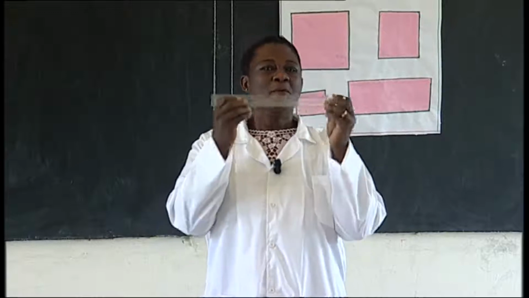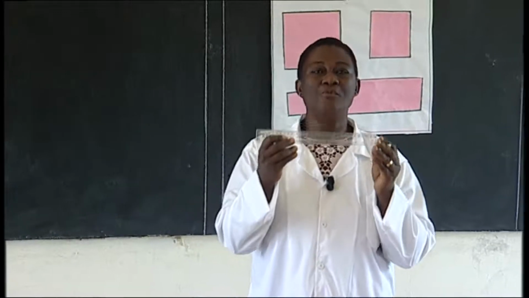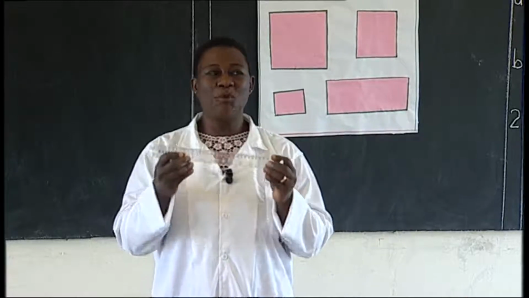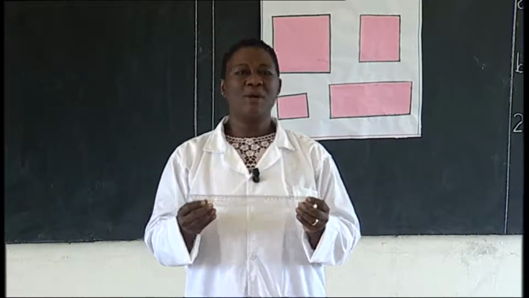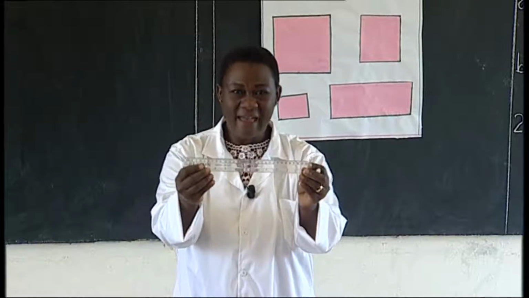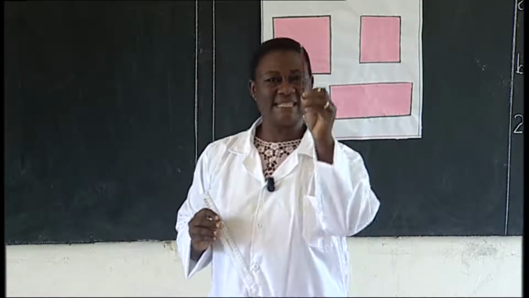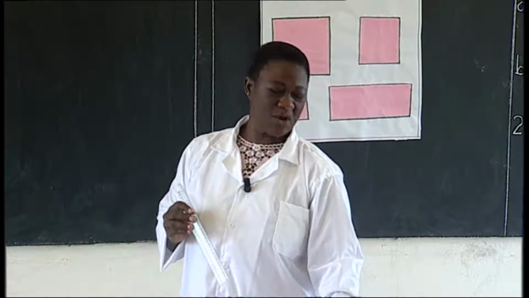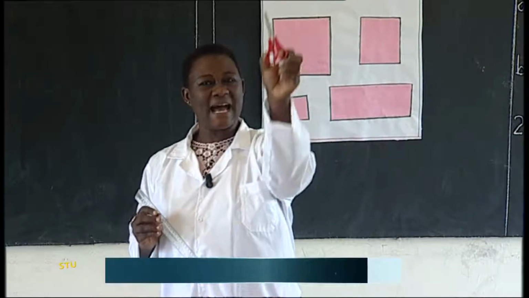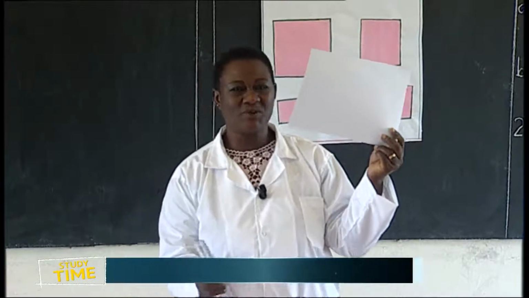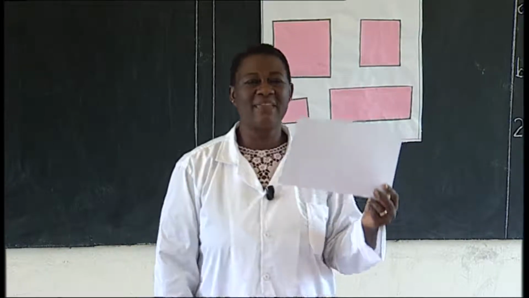So we need a foot ruler to measure so that we can get the size of the shape we want. So we are going to use a ruler, a pencil, a pair of scissors, and a piece of paper. These are the materials we are going to use to make the shapes.